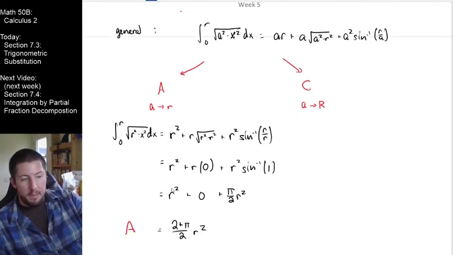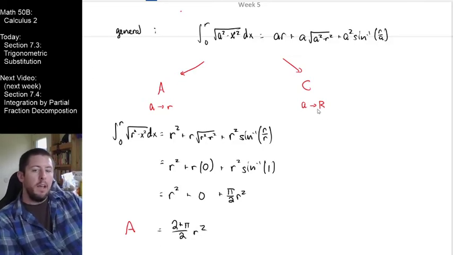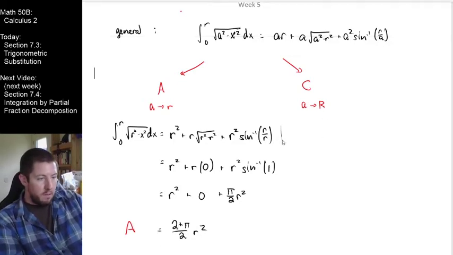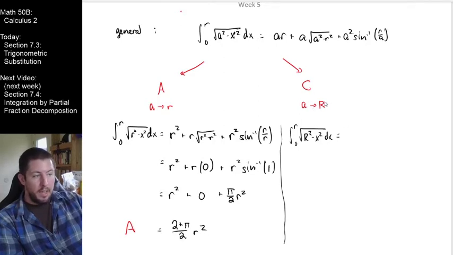All right, that was just a common denominator right there. 2 over 2 plus pi over 2 gave us 2 plus pi over 2. That's how many r squareds we had. Similarly over here now, we had that the integral from 0 to r of the square root of capital R squared minus x squared dx should then be, and I'm just subbing in capital R for a.